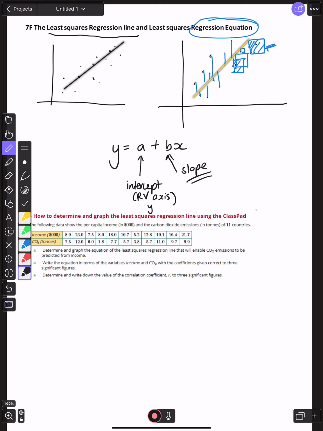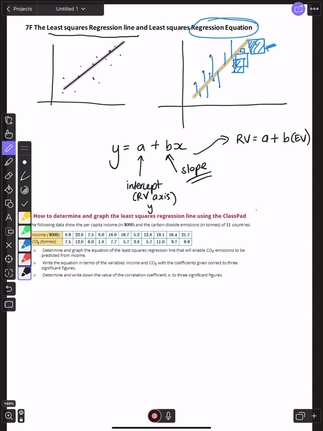And we write the actual variable names in there. So this is going to be our response variable, whatever that is, equals a, whatever the a value is, plus the slope times the explanatory variable. Okay, this will make sense in a second.